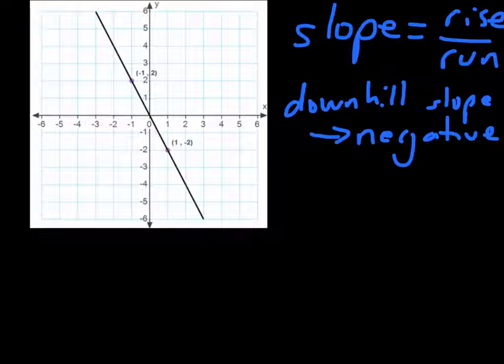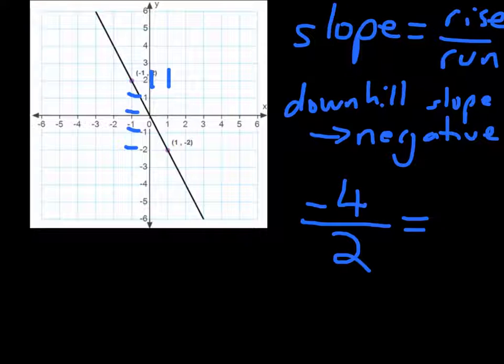So in this case, we're going down 1, 2, 3, 4 steps. Down 4 steps. And we went across 1, 2 steps. So we rose -4 and we ran 2 steps. Of course, we can simplify this because 2 goes into 4, and our slope is -2.